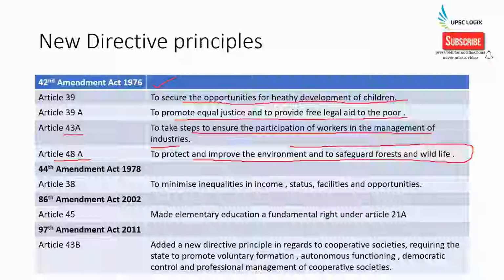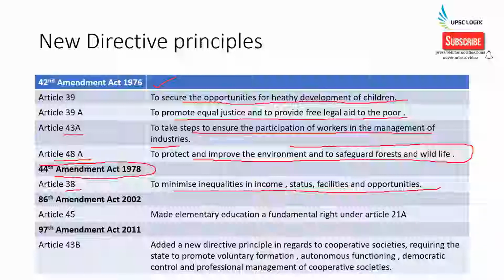Then the 44th Amendment Act 1978 added Article 38 to the Socialist Principles, to minimize inequalities in income, status, facilities and opportunities. Then the 86th Amendment Act of 2002 added to the Liberal Intellectual Principles, Article 45, which made elementary education a fundamental right under Article 21A, as I told you before.